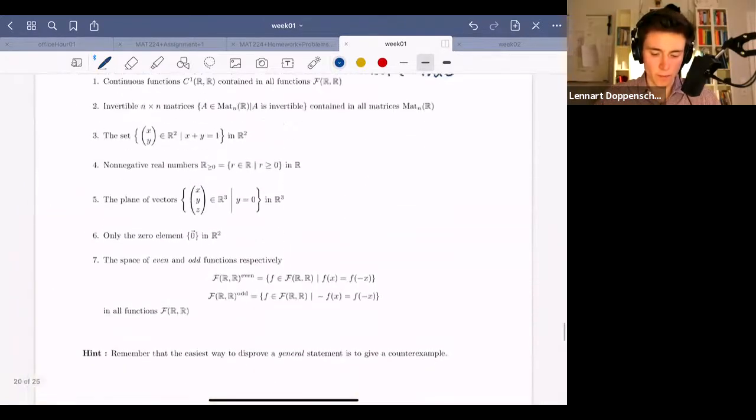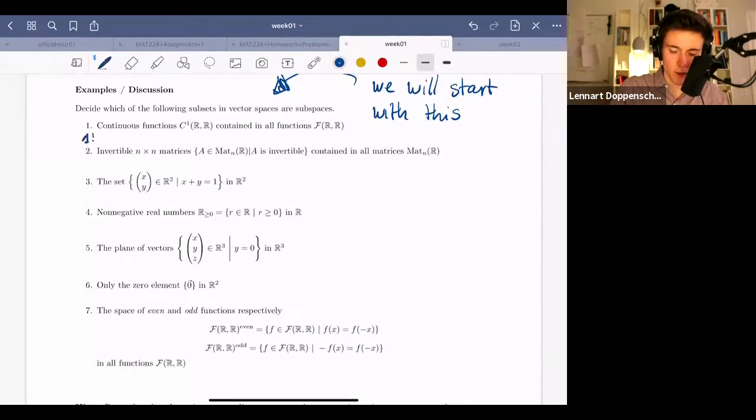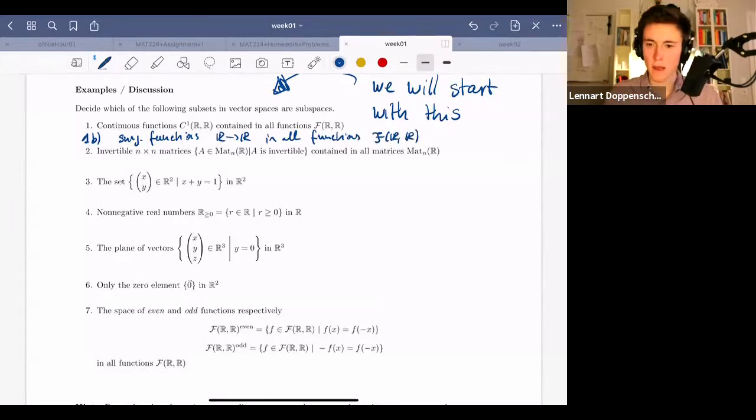I guess we could also talk about surjective functions, and since you proposed it, I guess we could say 1b: surjective functions of R to R in all functions f from R to R. In this case it would not be a subspace because it doesn't contain the 0.